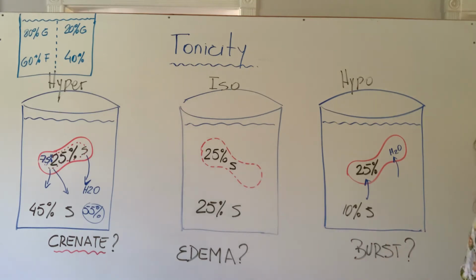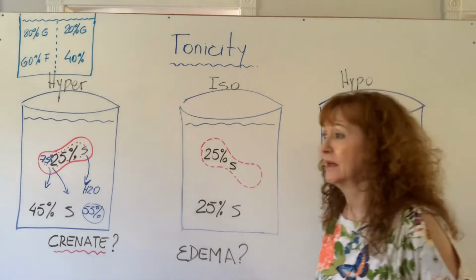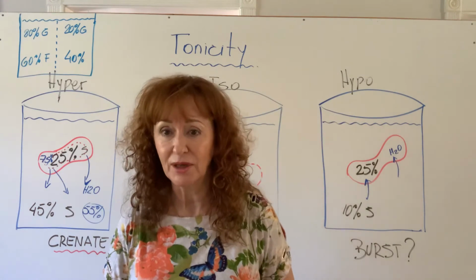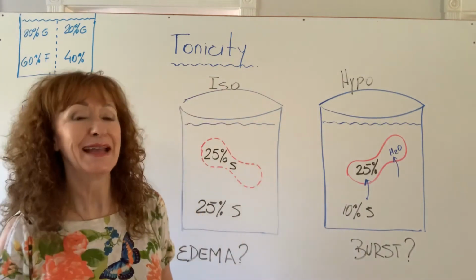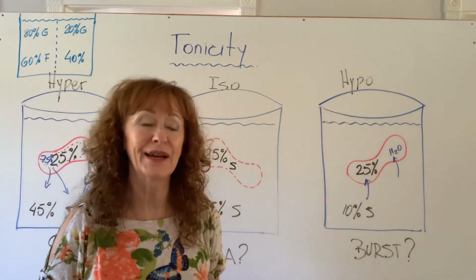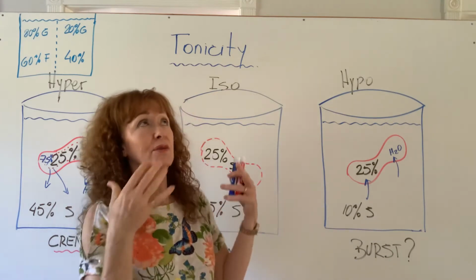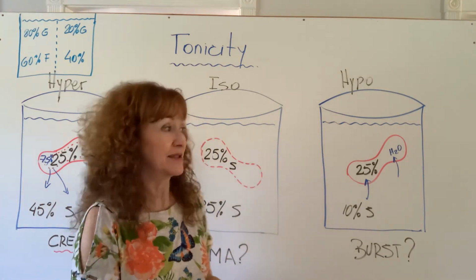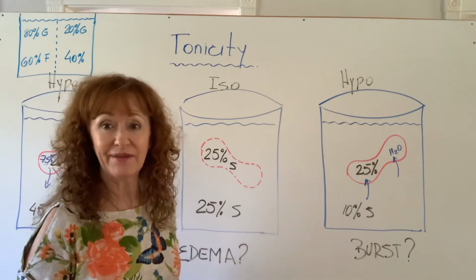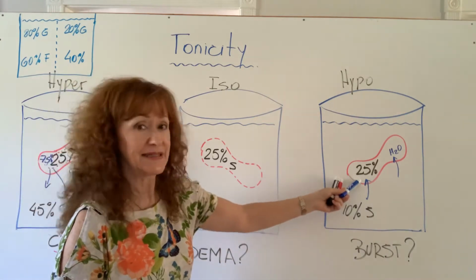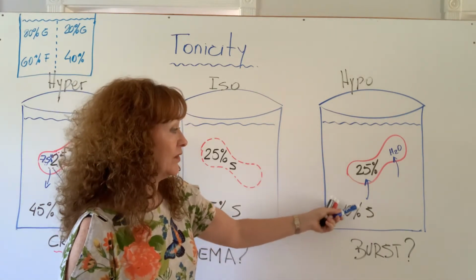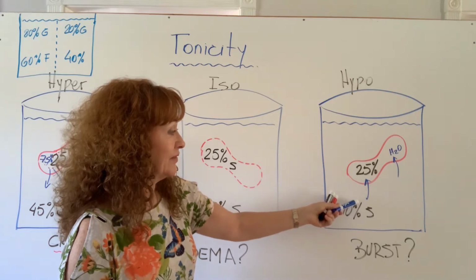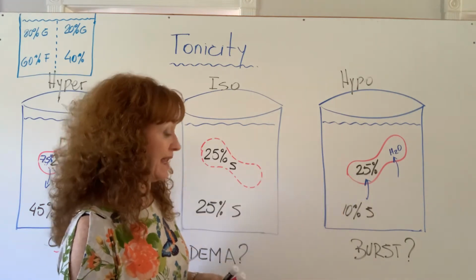Now, again, water is not a very intelligent molecule, even though it's a very important molecule in our life. Water will always move blindly towards the higher concentration of solute. The higher concentration of solute is inside the cell, so water will move from the solution inside the cell.